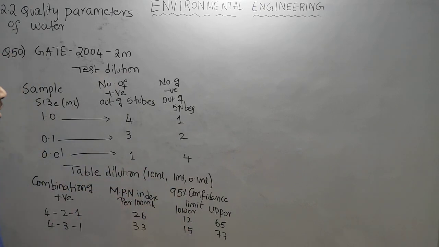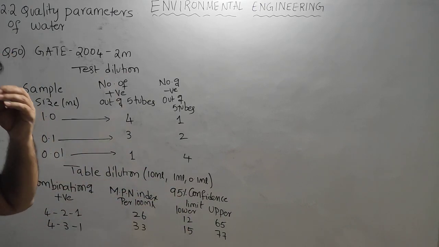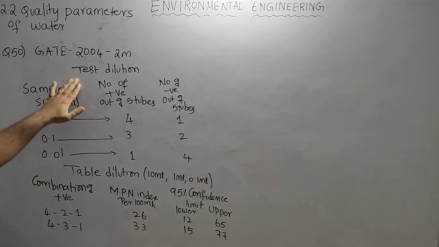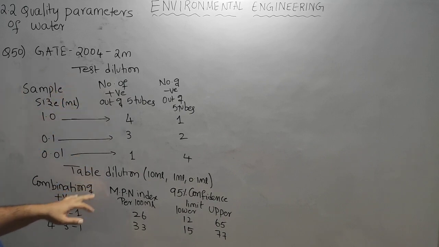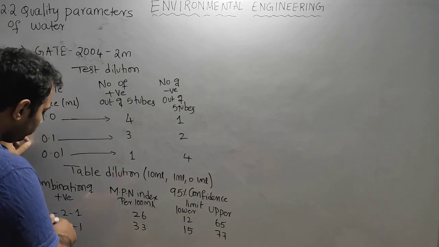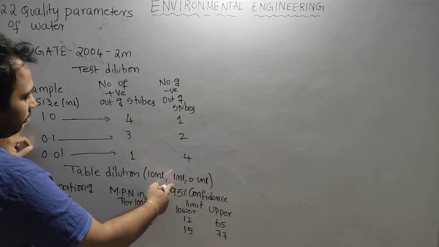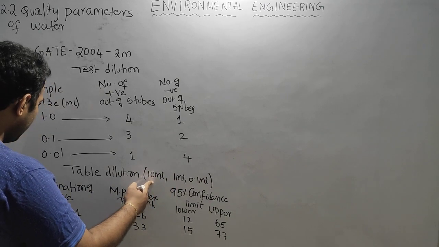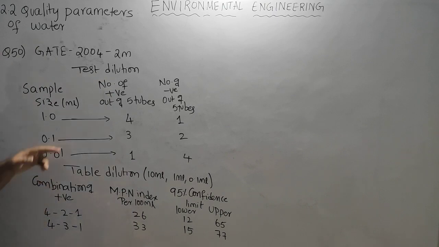So the only thing we need to do here: this is test dilution, this is table dilution. For 10 ml the value is 4, and we need to compare it here.